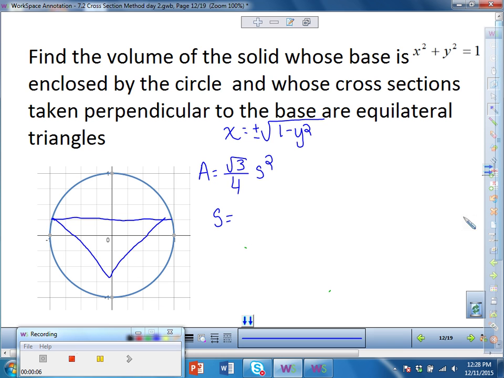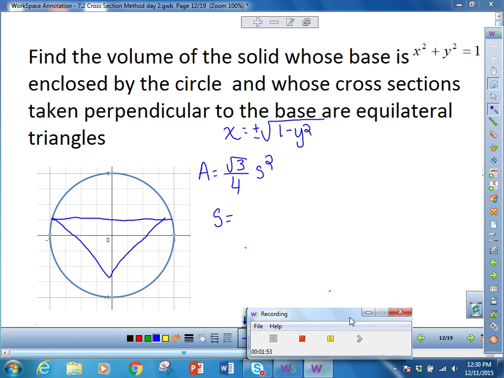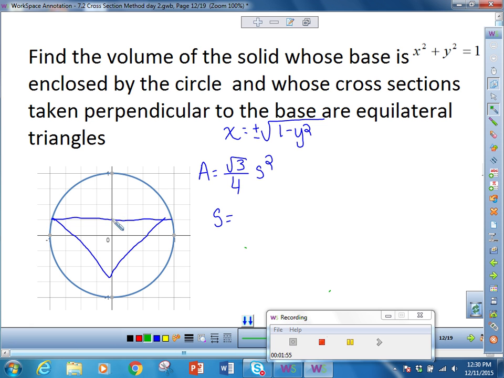Well, in our previous problem, even though we were doing it with the x-axis, the distance from here to here would be what? What's that distance? And so the distance from here to here would be what?